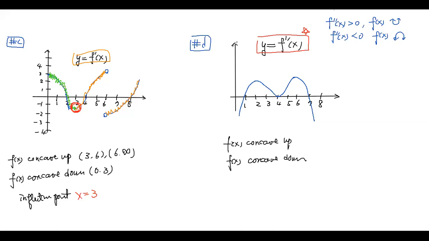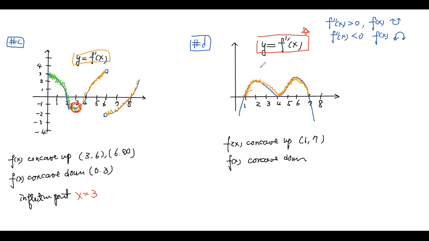Where is it greater than 0? All here is greater than 0, because f double prime x is above the x-axis. So what is my concave up here? Concave up is from 1 to 7 here, right?